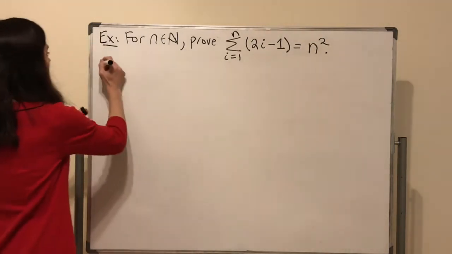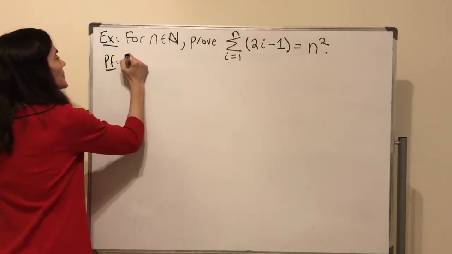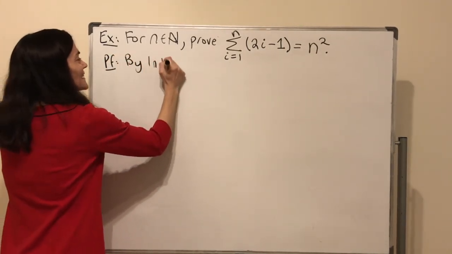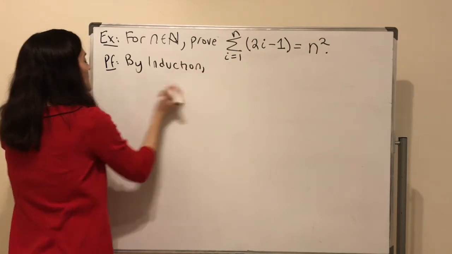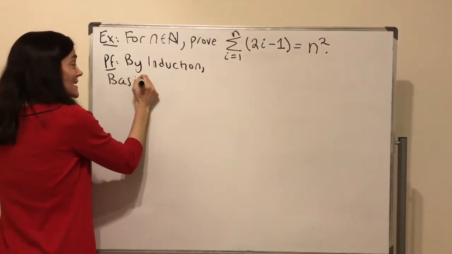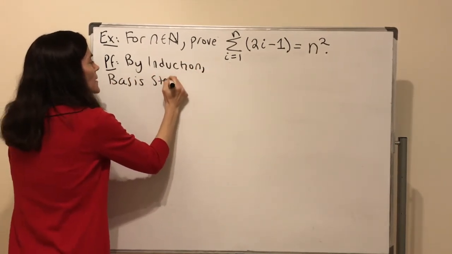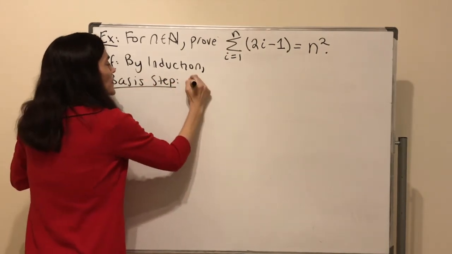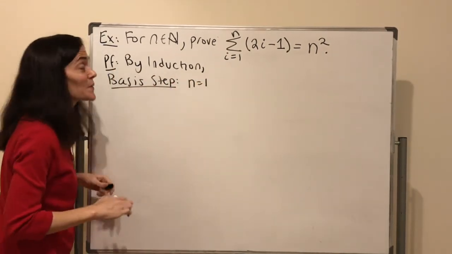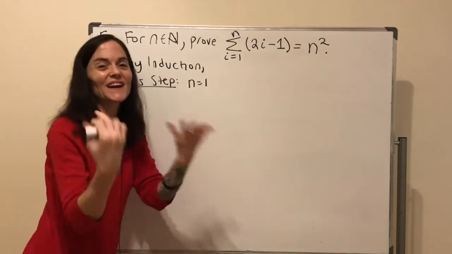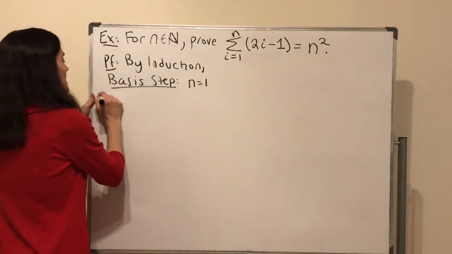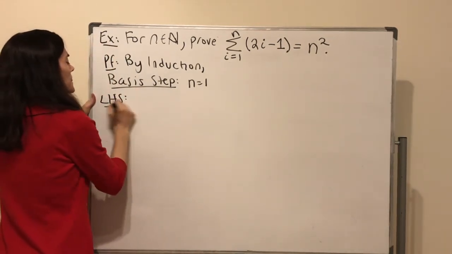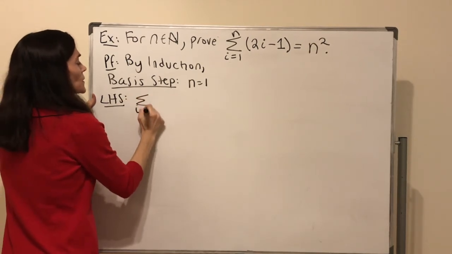So now let's prove this using induction. And like we just discussed, we have two steps. The first step is a verification. We want to make sure it holds for n equals 1. The left-hand side has only one term.